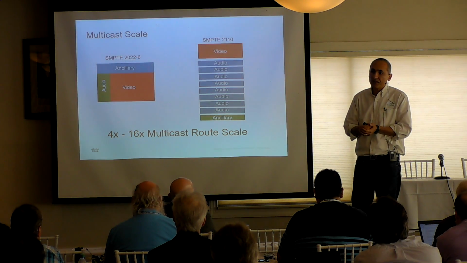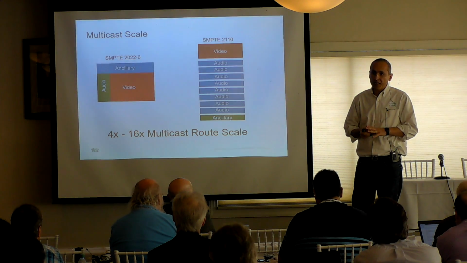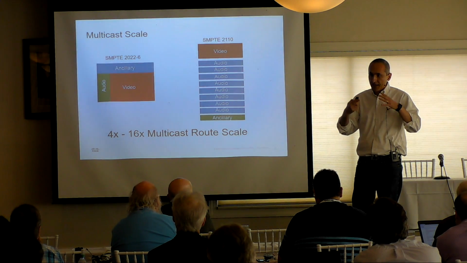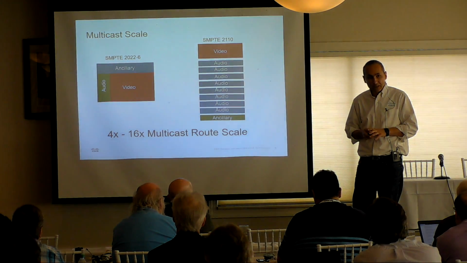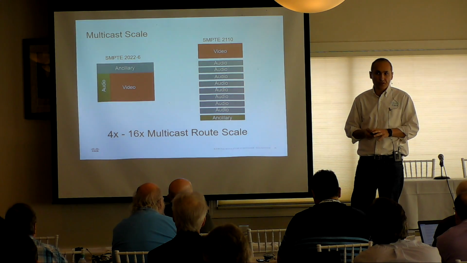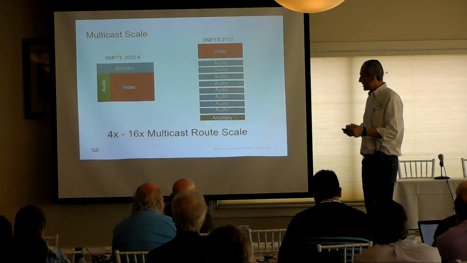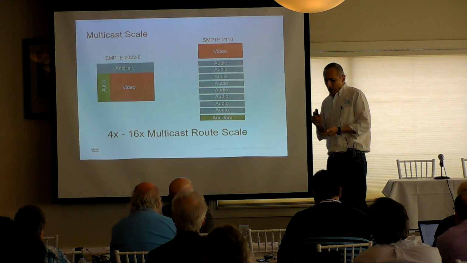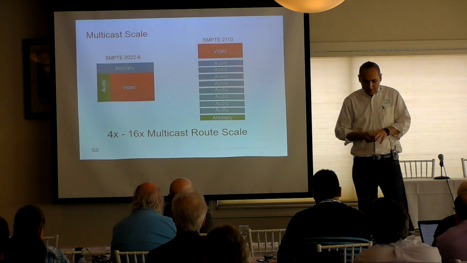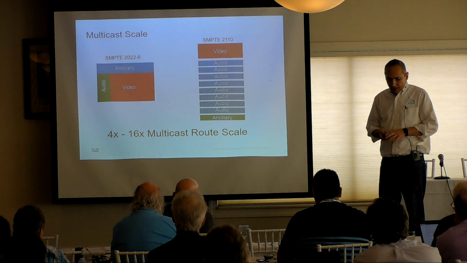So that's another consideration you have to, when selecting, again, consider and ask about this multicast scale, because that's a big issue with 2110 compared to 2022-6. Okay, so we talked about the multicast scale. That's another consideration. I hope that the slide is trying basically to clarify that.